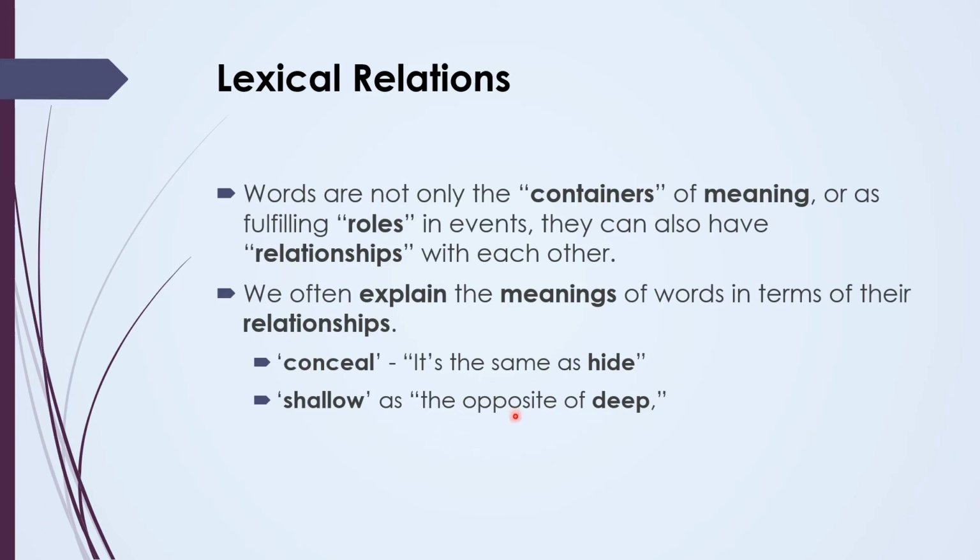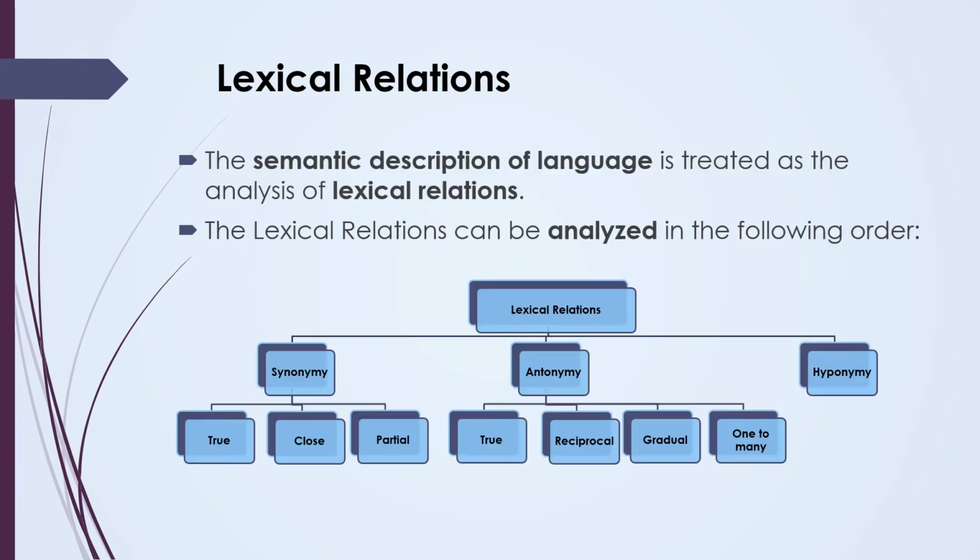So shallow has the connection of these words. Conceal has the connection of these words. Those relationships we are looking at. The semantic description of language is treated as the analysis of lexical relations. So in a language we have this kind of relationship, and under lexical relations we will analyze those.